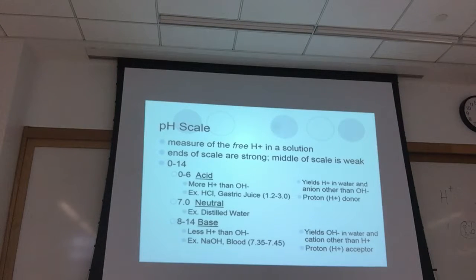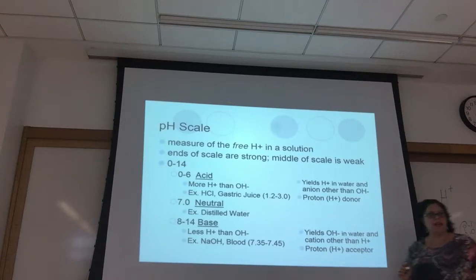So here's my scale. I have acid, high concentration of hydrogen ions on this side, and base, high concentration of hydroxide ions on this side. See what I mean? If I have a high concentration of hydroxide ions here, then I also have a low concentration of hydrogen ions there. If I have a high concentration of hydrogen ions on this side, then I have a low concentration of hydroxide ions.